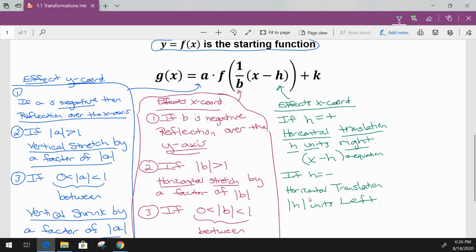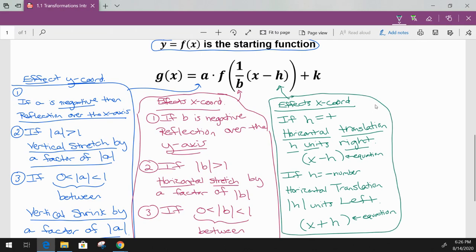Again, now in the equation, even though h is a negative number, if you are subtracting a negative number, your equation is going to have a plus in here. So keep that in mind when we start looking at more equations.